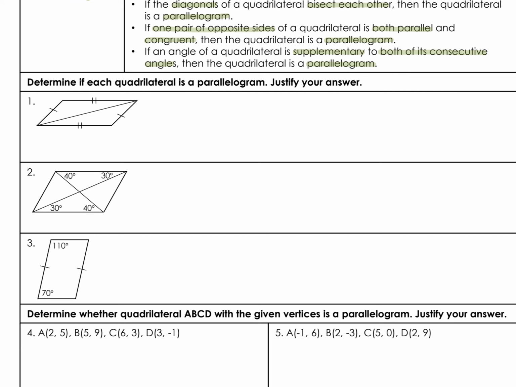And to justify, we can say both pairs of opposite sides are congruent. Okay, we do need to specify that it is both pairs of opposite sides that are congruent and not just opposite sides are congruent.